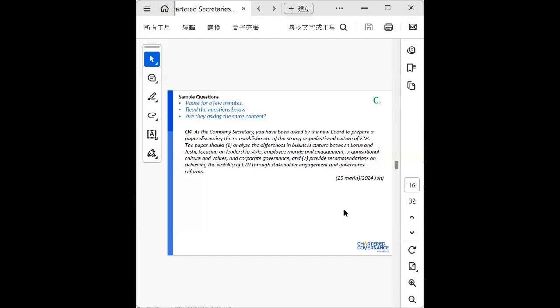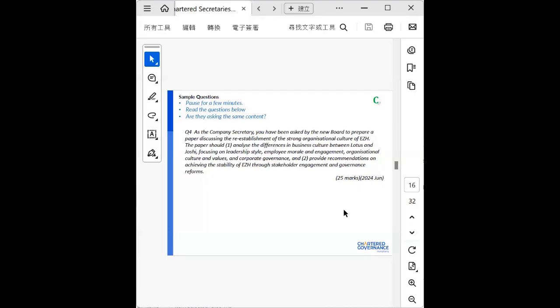So again, it's about culture, the differences in business culture between Lotus and Joshua, focusing on the leadership style. You're expressing the organization purpose, and providing recommendations. Stakeholder engagement.